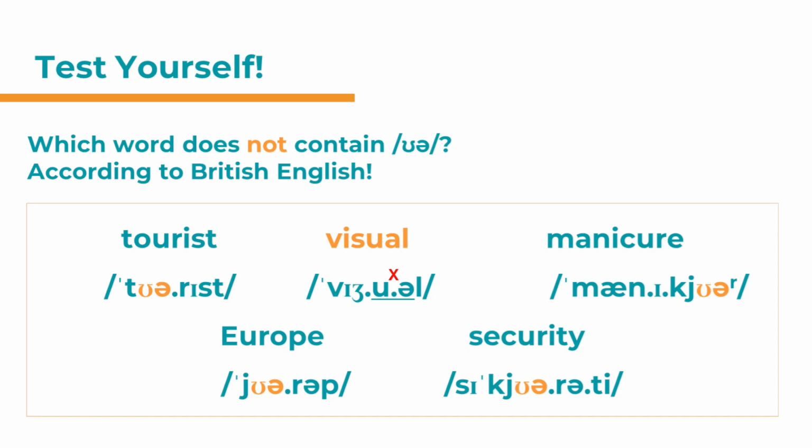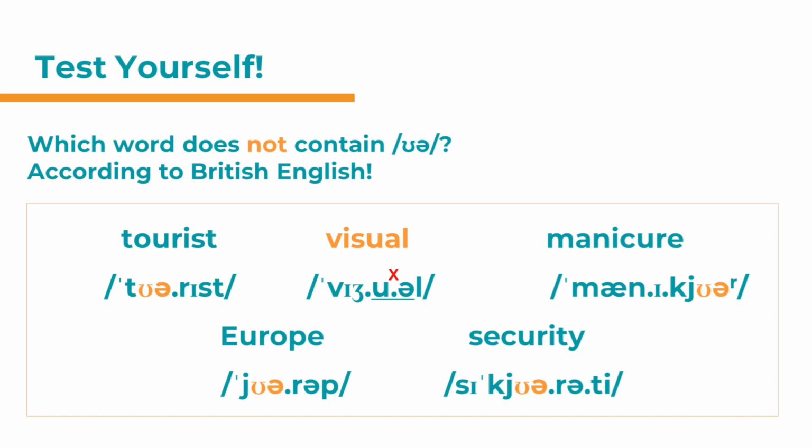So this is not a diphthong. Remember, the diphthong is one sound and has to be therefore in the same syllable, and that would be the only vowel sound in that syllable. That is not the case in visual. There's no diphthong sound in visual. So that is the answer.